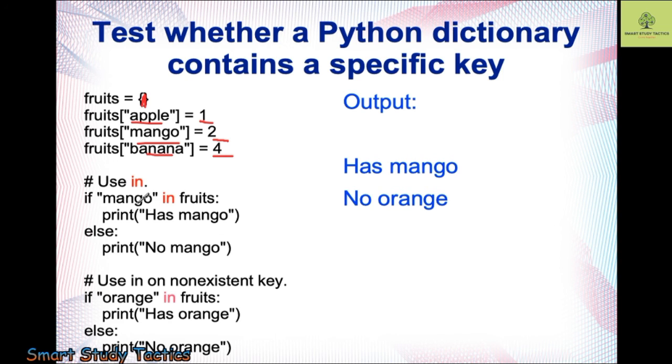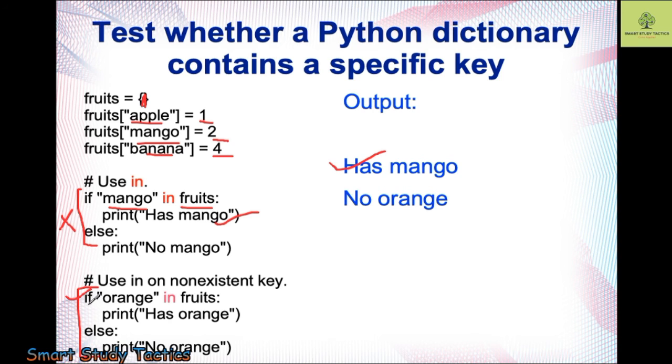So what will happen when I execute this statement? It will check in fruits whether mango is there or not. If it is there, it will print yes, has mango, otherwise it will print no. So first it is printing has mango. Now if I use this statement in place of this, you have to remove this and execute this.